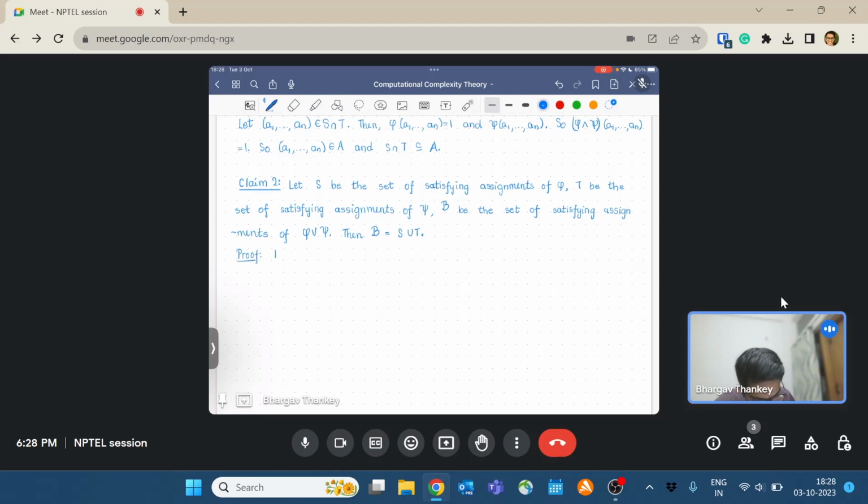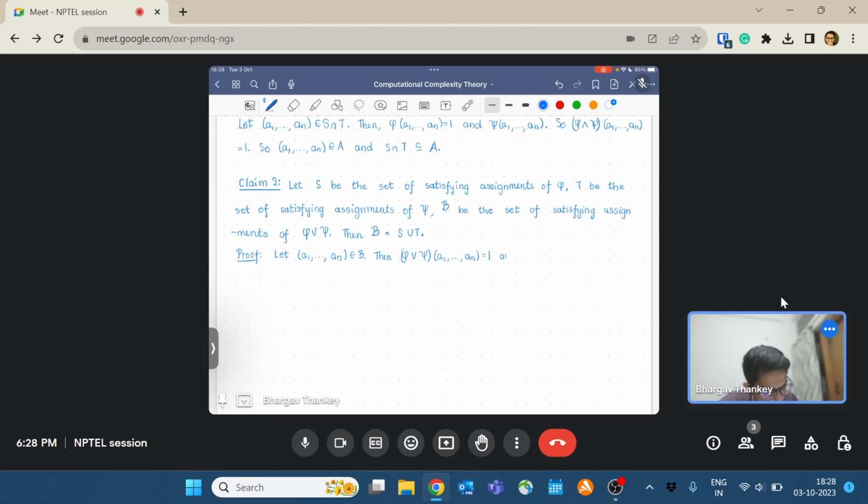So let A1 to AN be in P. Then phi or psi is equal to 1.